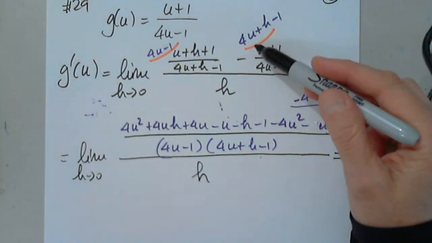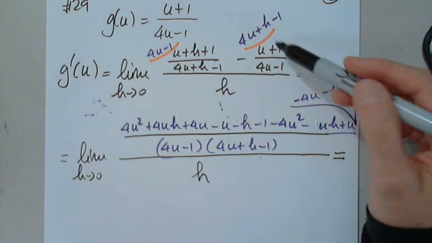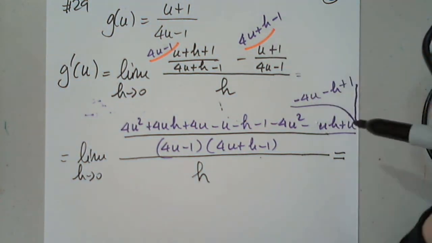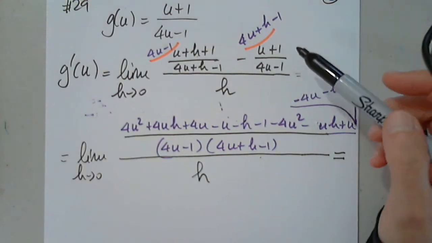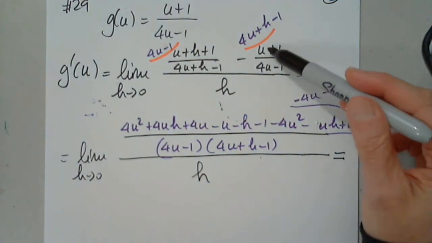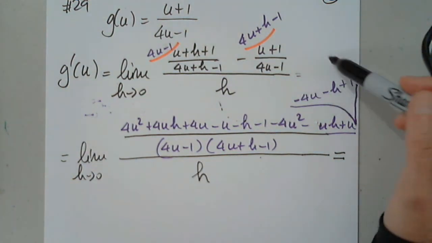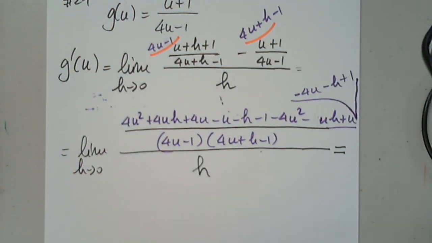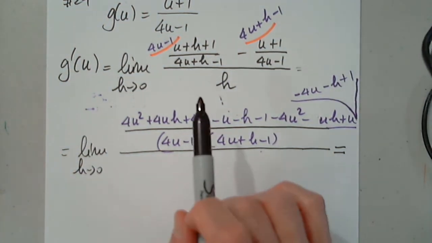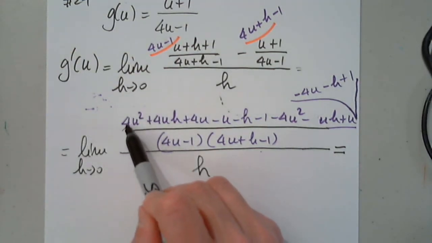So negative 4u squared minus u, and plus, I don't know why I wrote 4. Thank you so much. Now I have to check everything. Once I make an error, I have to check everything. Remember, all terms without h must go away.